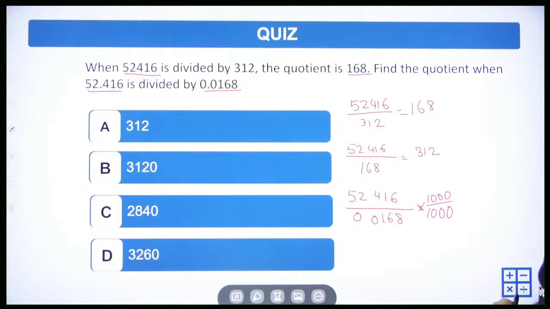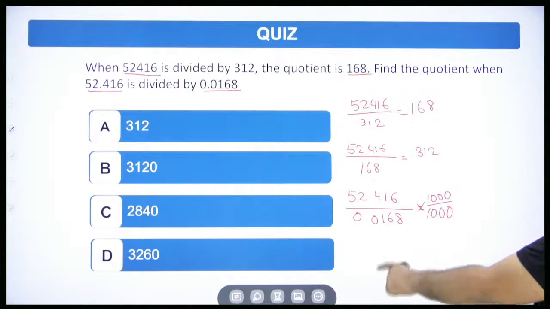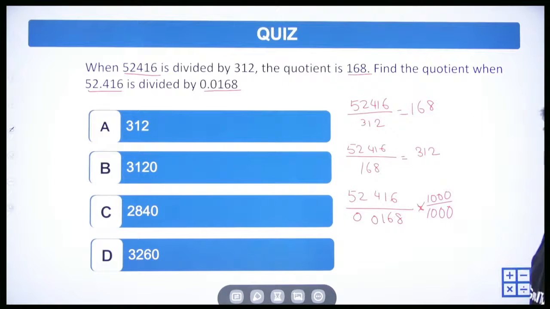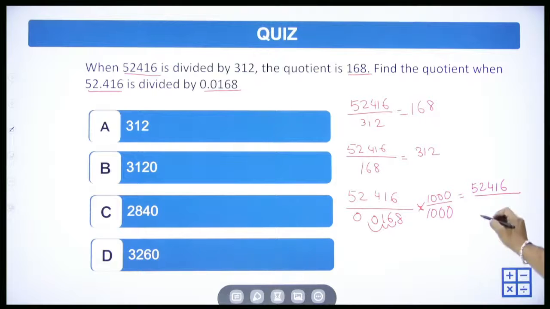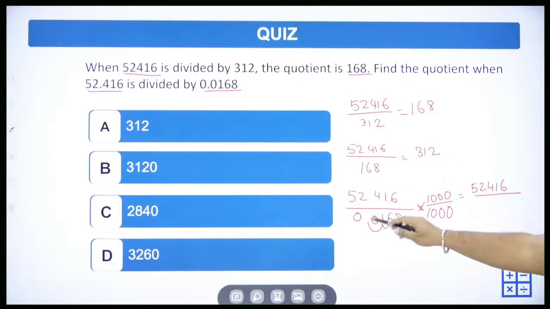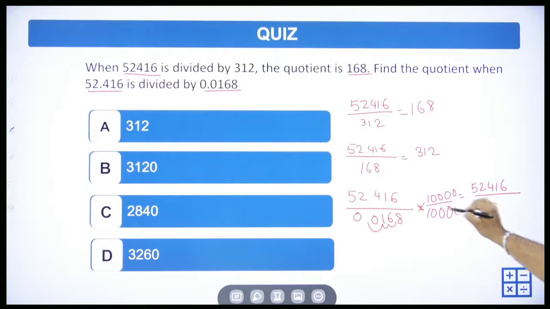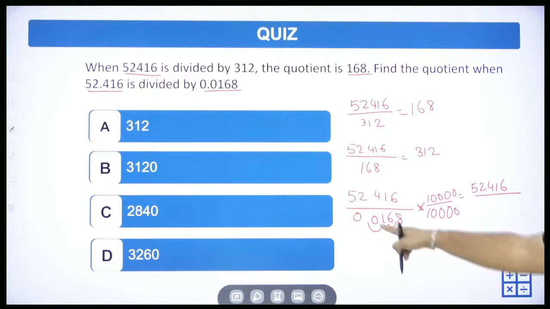So that I can eliminate decimal values. That will give 52416 by 168, so that will give you 16.8, right? We need 168. We should do it with 10,000, one more zero, because we have 4 decimals.